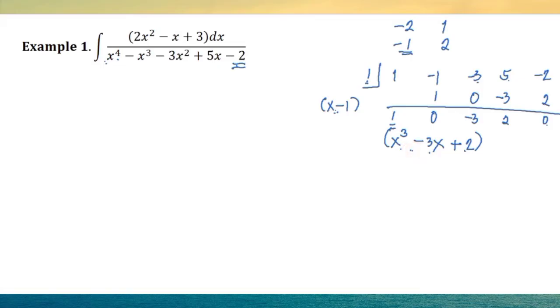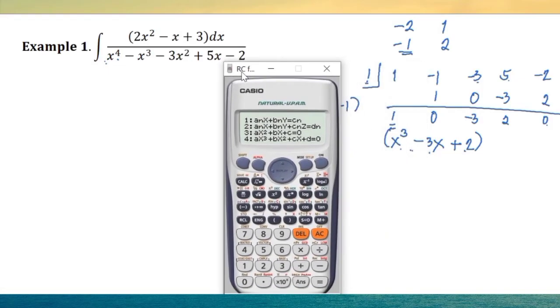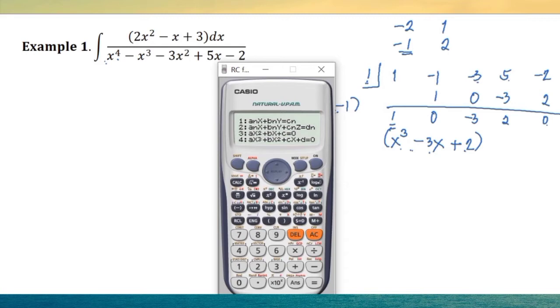Since naibaba na natin siya sa x cubed, we will be using function 4. For x cubed, the coefficient is 1. For x squared, we have 0. For x, we have negative 3. And for the constant, we have positive 2. Solving, we have negative 2, positive 1.